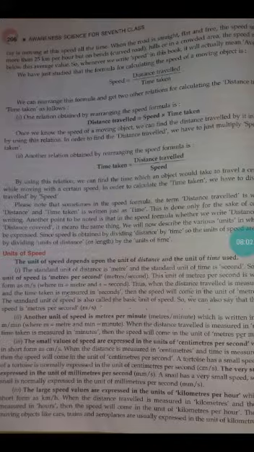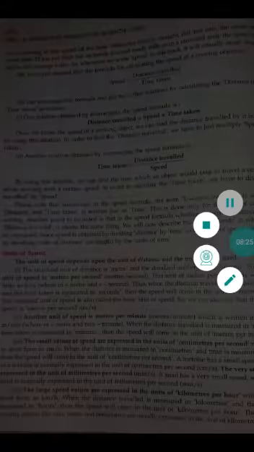Okay, clear? And the fourth case is large speed values, which are expressed in the unit of kilometer per hour. Kilometer is a very large unit of distance, we know, and hour is a large unit of time. So the unit of speed for larger values is kilometers per hour. Yes, it is clear, right?